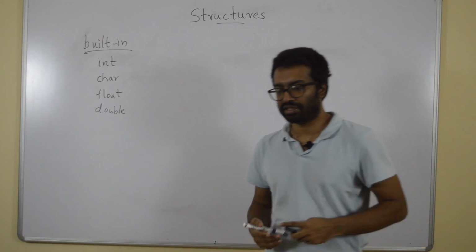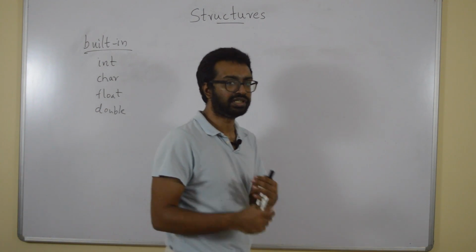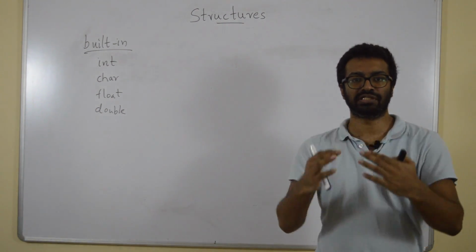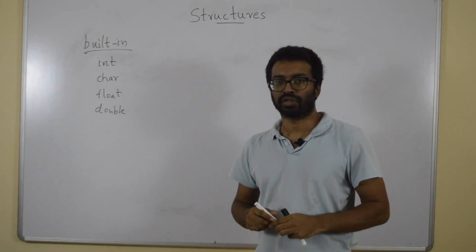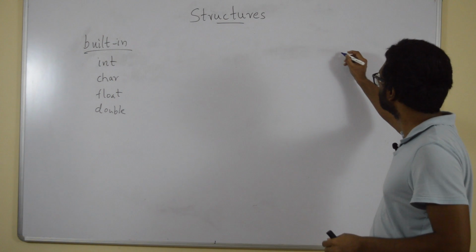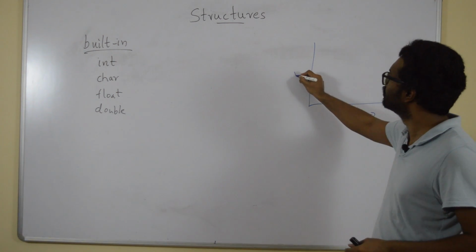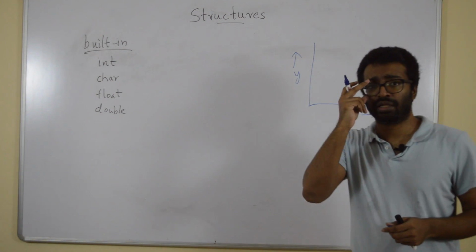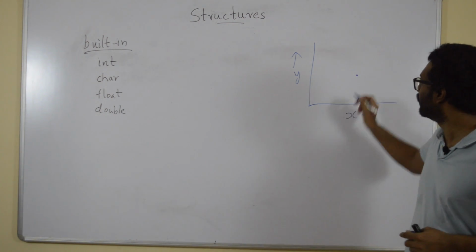So let's consider a built-in data type, and through that example we'll see the use of structures. Okay, consider the following. XY plane. As you can see, any point in the XY plane consists of two values, right?